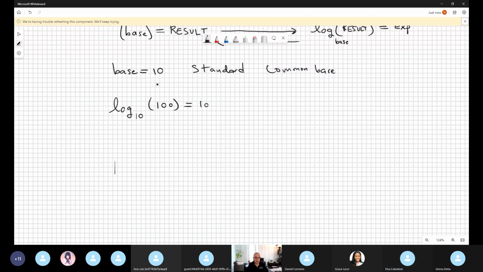No, because 10 to the 10 is a huge number. So I need 2, obviously, 2, because 10 squared, which is 10 times 10, is 100, correct? That is intuition. Suppose that I don't know. Professor, I don't see that.